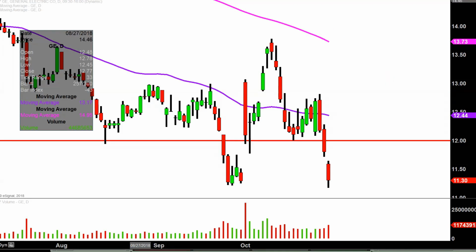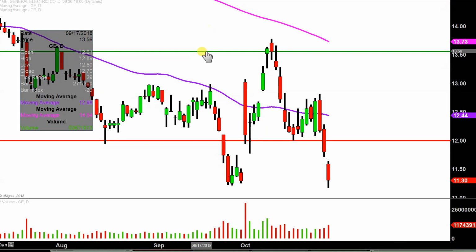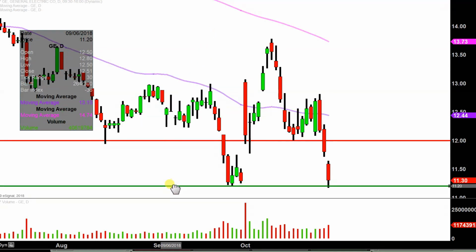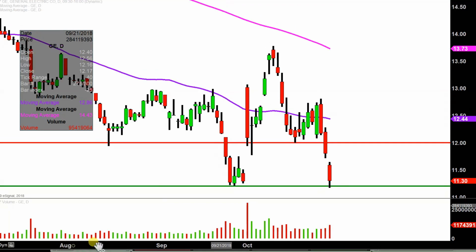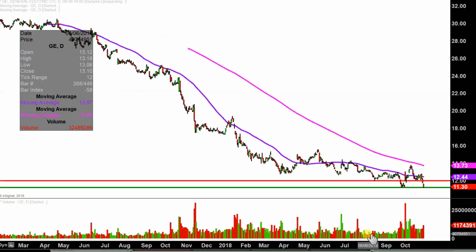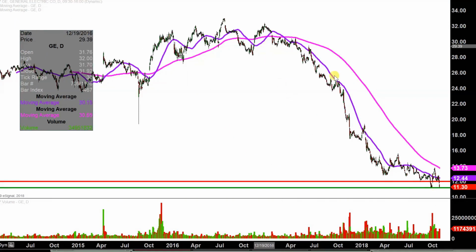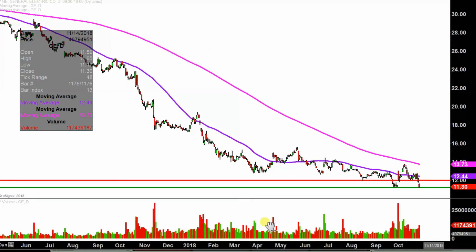Now, the one interesting dynamic, and this is more from a trading perspective, and really an overall health of the chart perspective, is that the price is now sitting right here at these previous lows of right around $11.20. If I scrunch up the chart, you can see that things have been in a downtrend, and even with that downtrend, the price is sitting at levels that it potentially may have never seen.